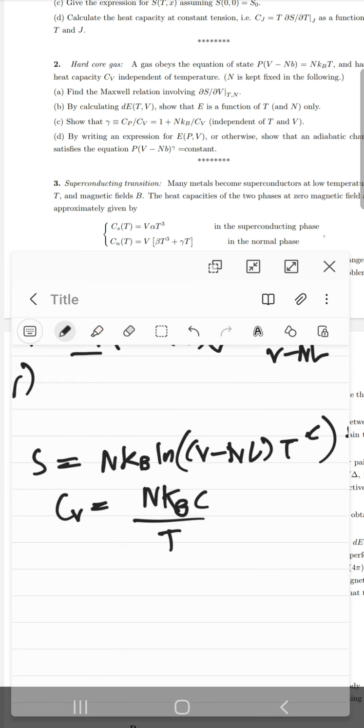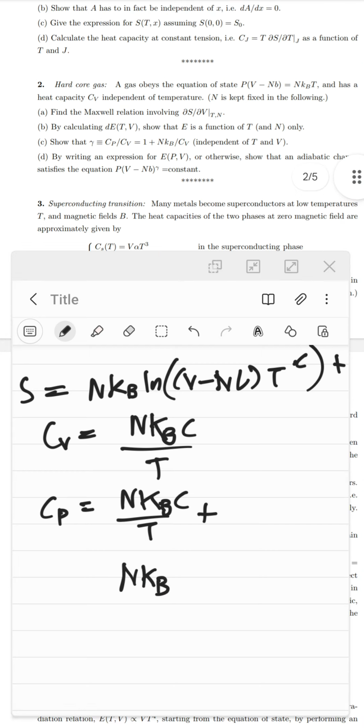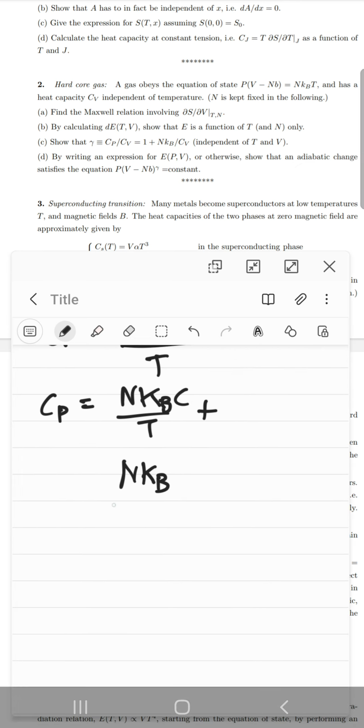Okay, cool. What about Cp? Cp is at constant pressure. Nice. So how am I gonna do that though? So you can once again just split it apart. So now we just have nkB C upon T, but plus you also have this stuff. So nkB. Oh wait, actually we can just directly use this fact that V minus nb is just nkB T upon pressure.